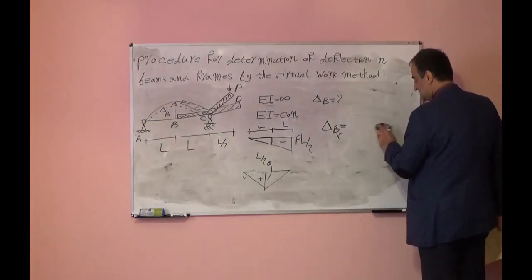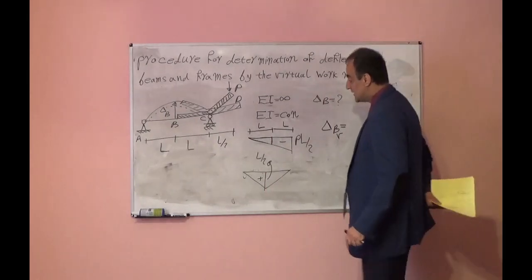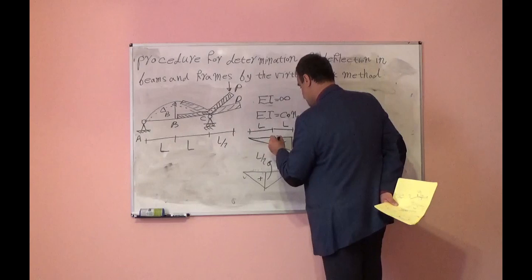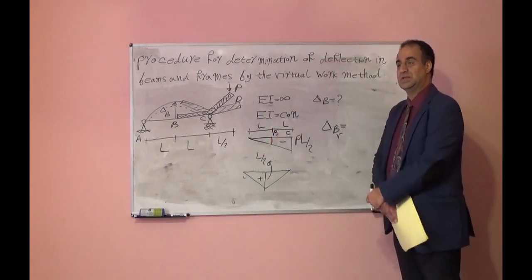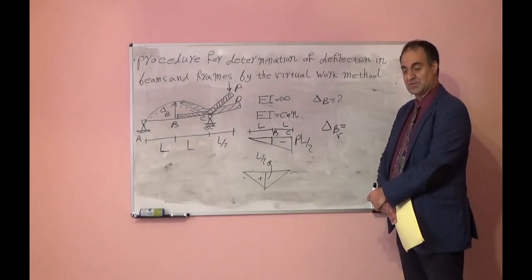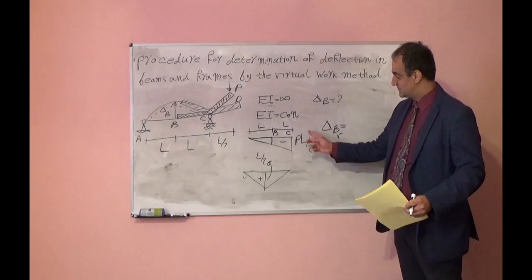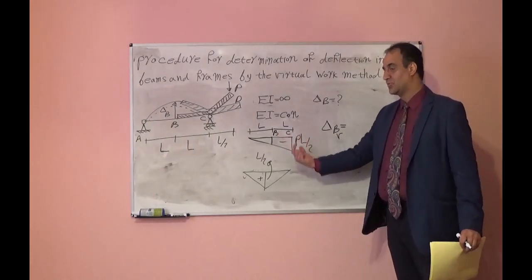Even here, for the BC part, EI goes to infinity, because any coefficient we have for integration, we will multiply this PL over 2 times L over 2 times L over EI.